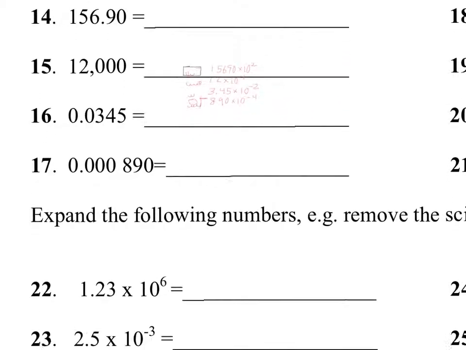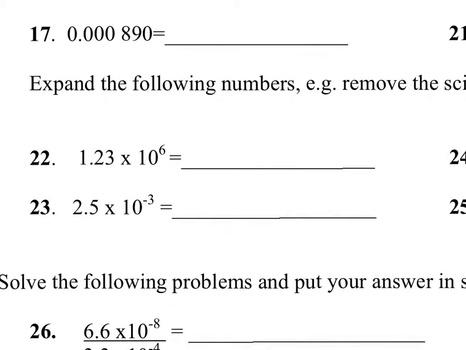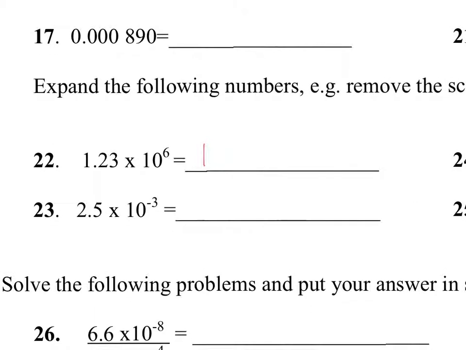Now let's move on to doing things the other way. In order to convert a number from scientific notation, we can start by writing the number as it is shown, but without the decimal place.